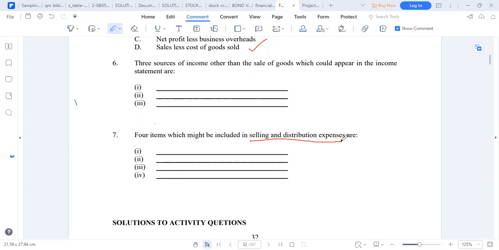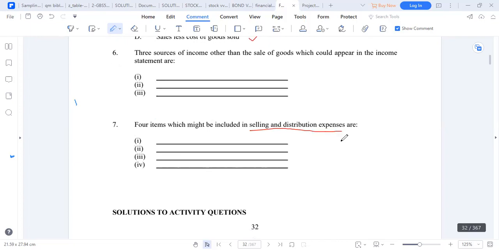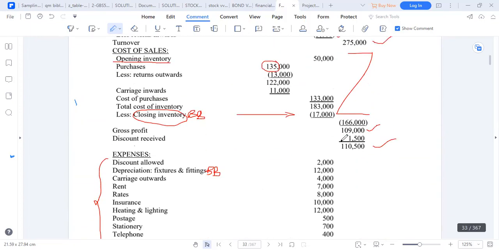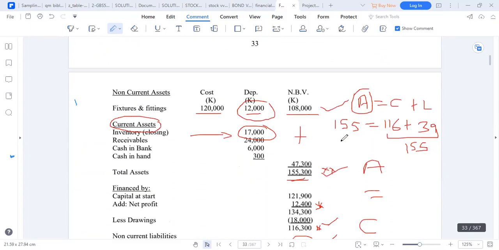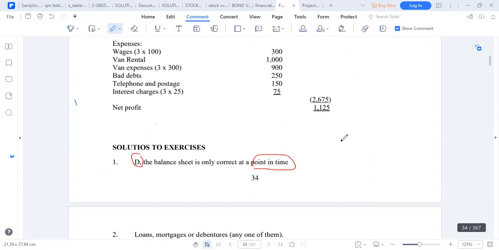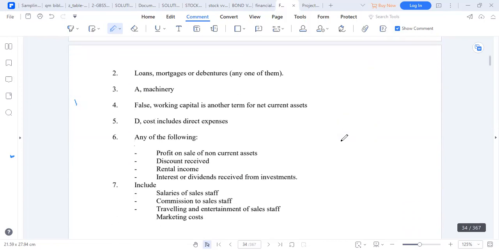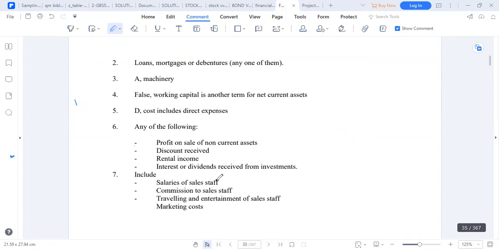Not purchases. Marketing, correct. Salaries of salesmen. Yes. I'm glad you are very attentive. Everything I say, these are called principles of accounts, so you cannot guess if you don't know. So salaries of sales staff, commission of sales staff, traveling, entertainment of sales staff, marketing costs, advertising, carriage outward.